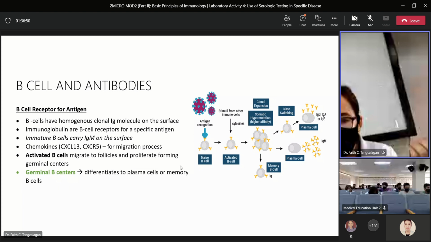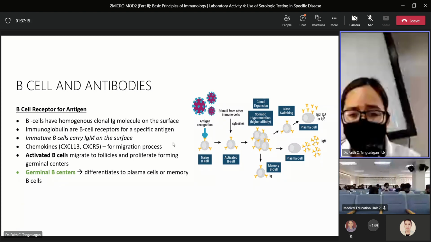For example, in this illustration, the naive or immature B cell has recognized an antigen. It is then stimulated by cytokines, and this naive B cell becomes your activated B cell. Once activated, it undergoes clonal expansion or selection as the antigen binds the B cell receptor.